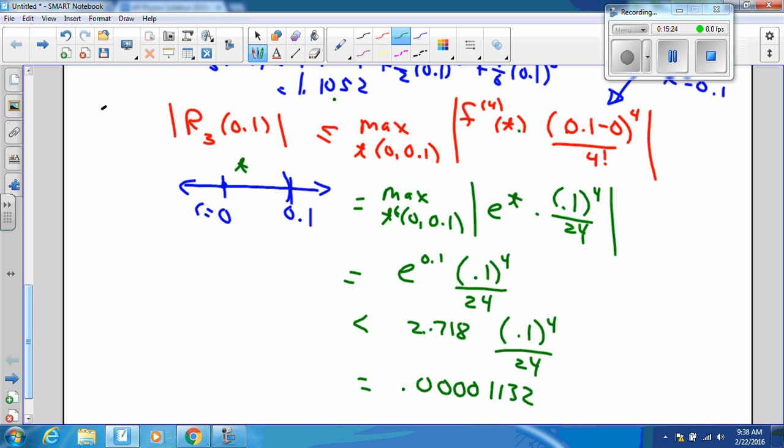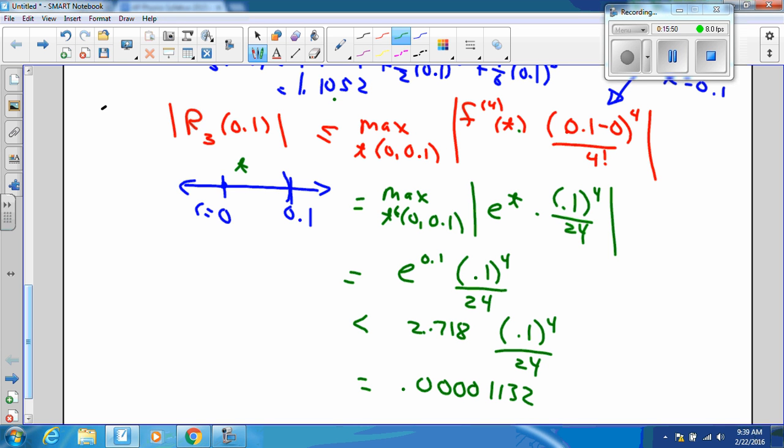Second place where students will mess up is they'll assume that the remainder is this value instead of is bounded by this value. So keep in mind that the remainder will be less than. For many functions, the error bound is kind of pessimistic. It way overestimates the amount of error that you actually have.